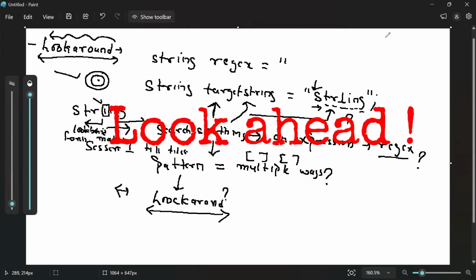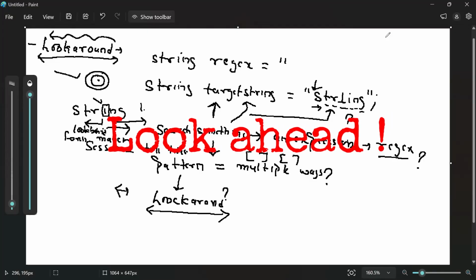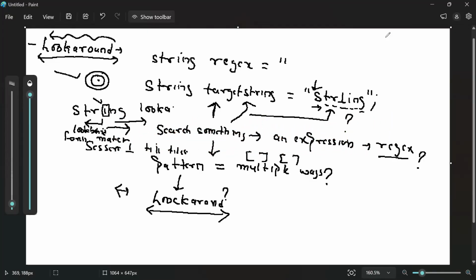Or I will look ahead and search for I, and if this condition is satisfied, I'll further look ahead. So these are the two concepts we have around look around.